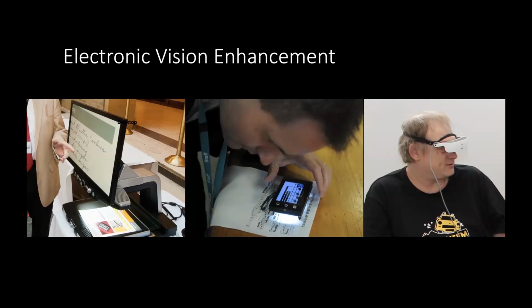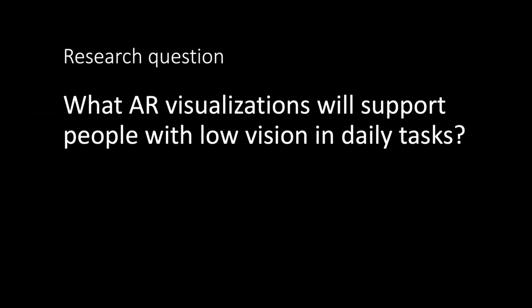So now with recent advances in computer vision, with recent advances in augmented reality, in the hardware and software itself, in the sensors that are added to these head-mounted devices, my research question is, how can we design augmented reality visualizations that will support people with low vision in different daily tasks?